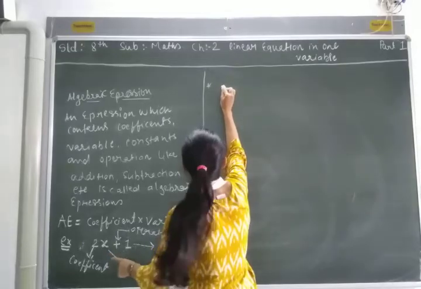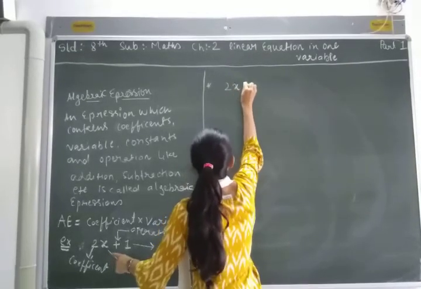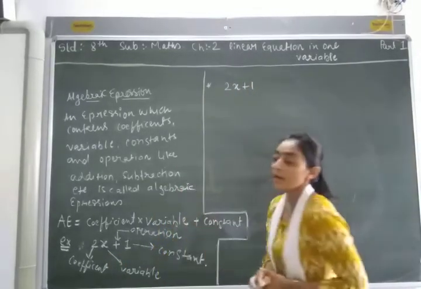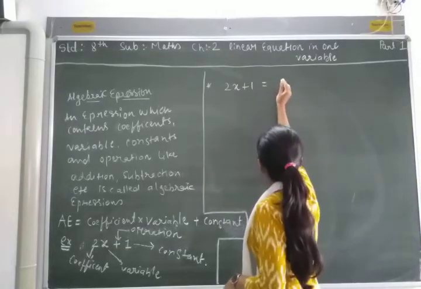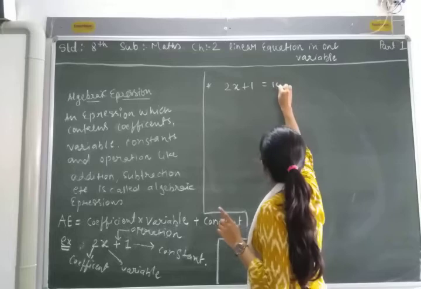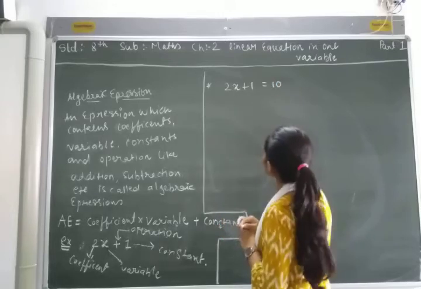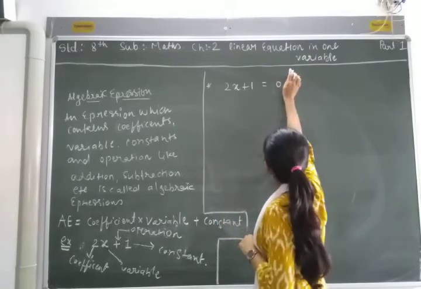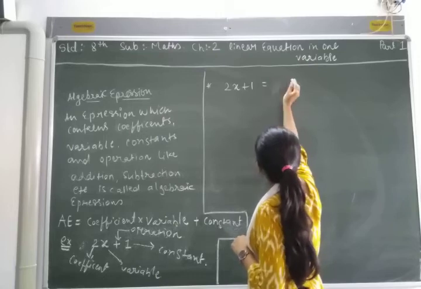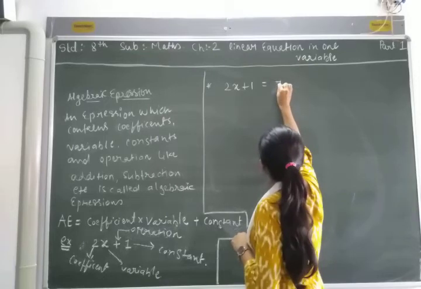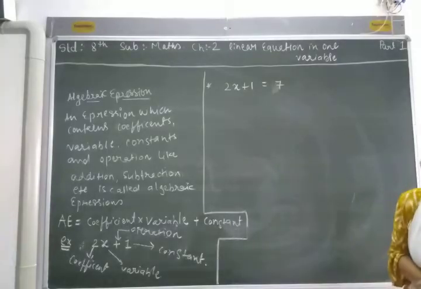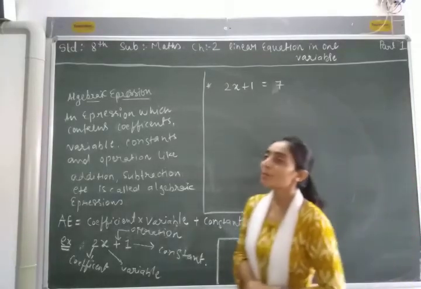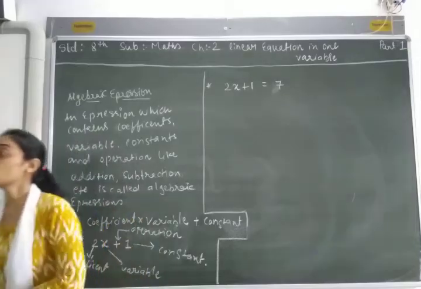Now take this one only: 2x plus 1 is equal to, say, 7. So 2x plus 1 is equal to 7.